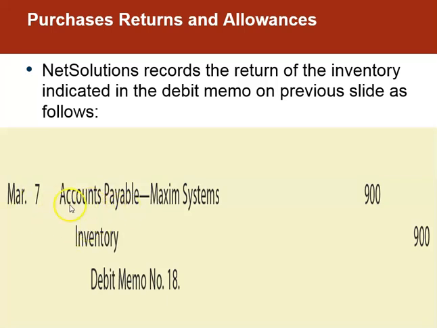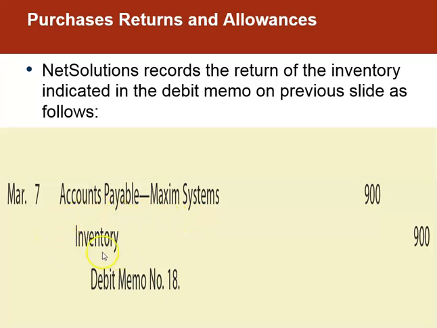We're going to debit accounts payable, subsidiary account Maxim Systems, for the $900. This part of the journal entry would be the same if they were paying cash for this inventory. But that's not what's happening here. We're not paying cash, we're returning it.